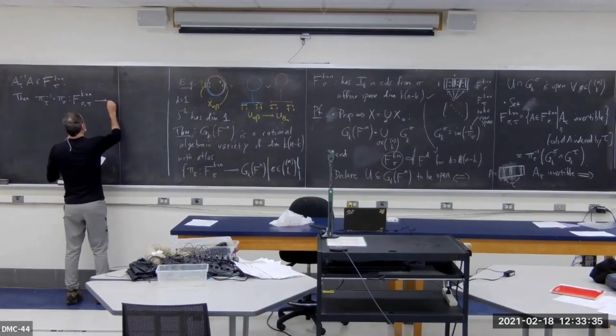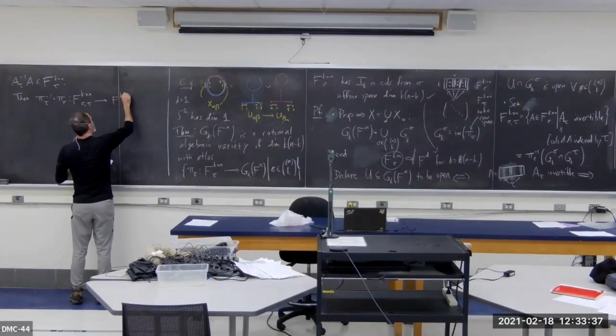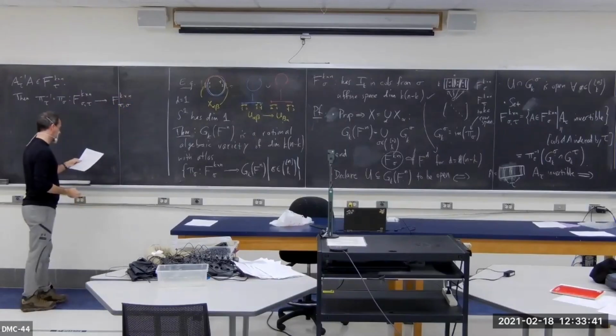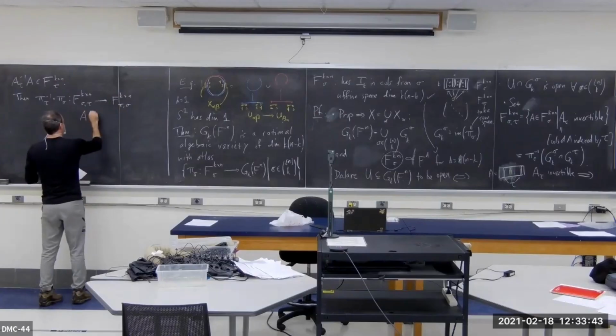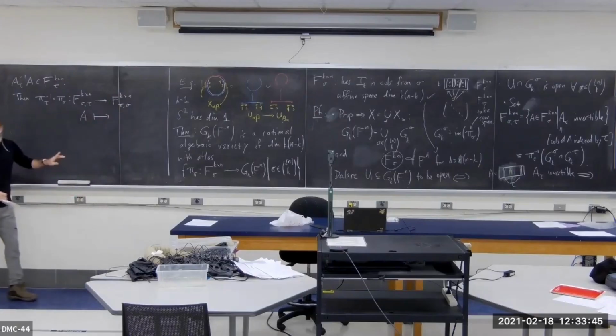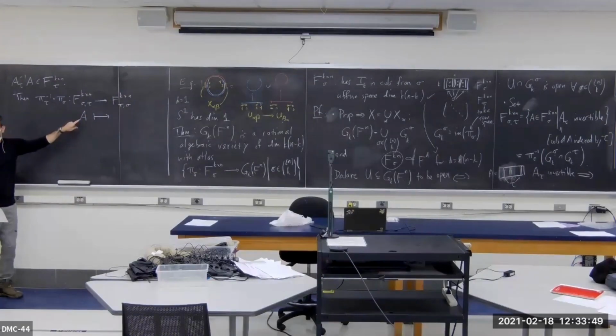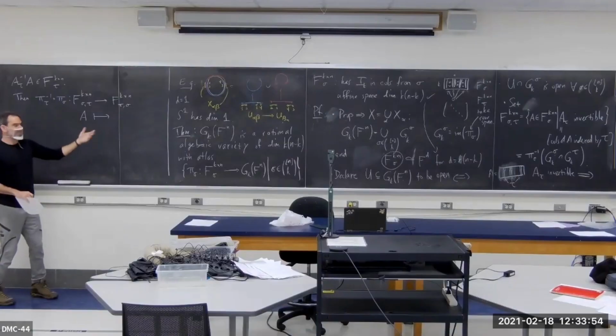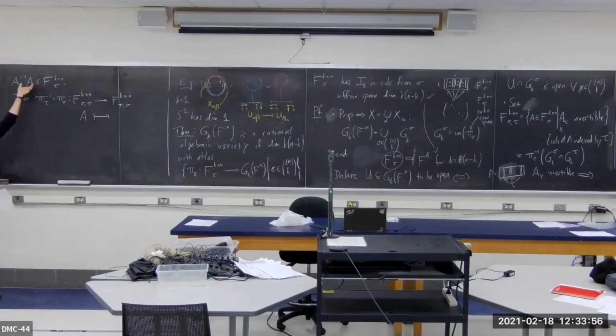And it's going to map to F K by N tau sigma. And the map is that it takes A to what? Remember, this is a matrix that has an identity block in the columns from sigma, but an invertible block in the columns from tau. A tau inverse A. Yeah, it's just this.